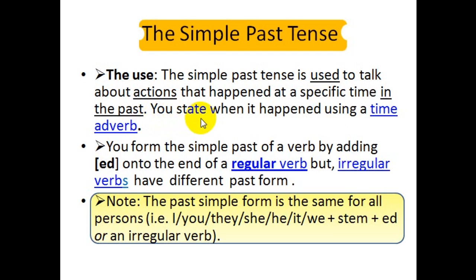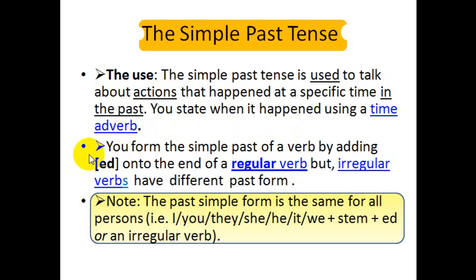And you state when it happened using a time adverb. يعني نحدد هذا الوقت باستعمال a time adverb. رايحين نشوفوا فيما بعد وش هو a time adverb, or time adverbs that are used to state or decide or precise the time in which the actions happened in the past.